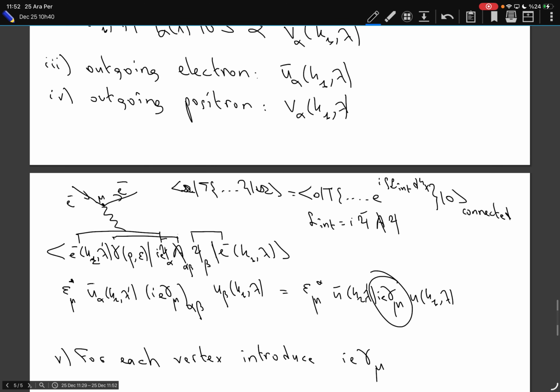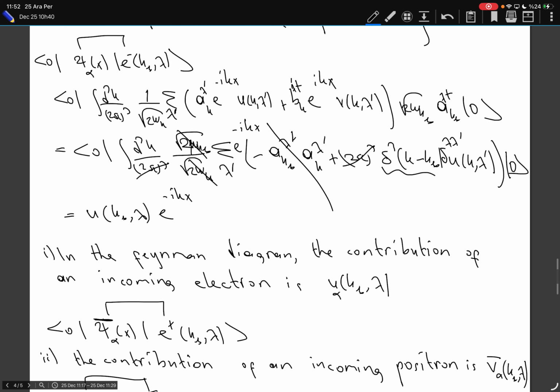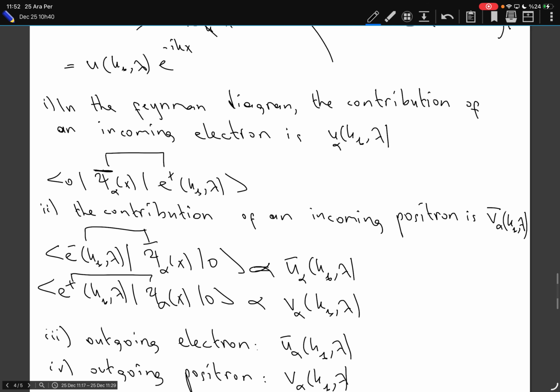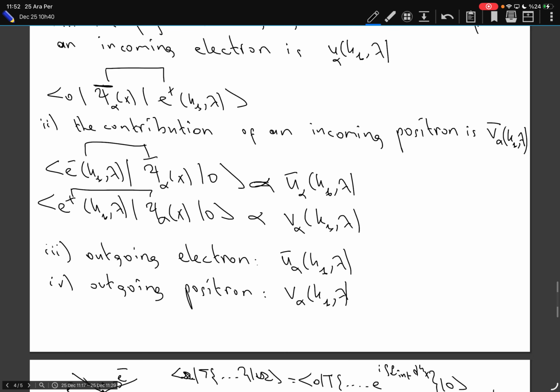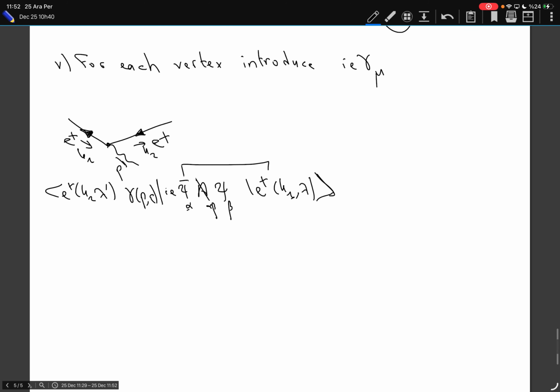Now let's see, what was the incoming positron? Incoming positron is V bar. So we have a V bar alpha. Then I have the outgoing positron.